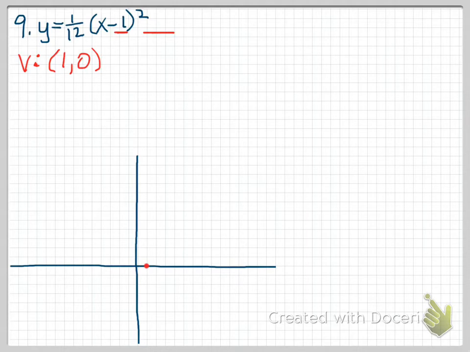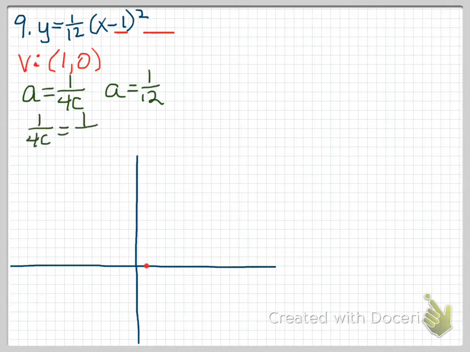Now, a is equal to 1 over 4c, right? In our equation, a is equal to 1 over 12. Now, I need to figure out what c is. So I'm going to set 1 over 4c equal to 1 over 12. And then to find c, I'm going to cross multiply.